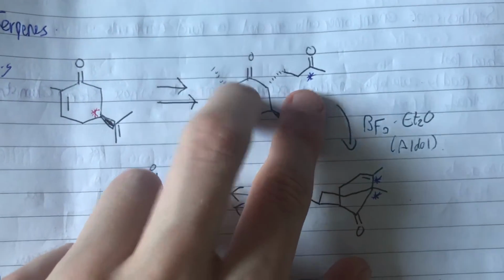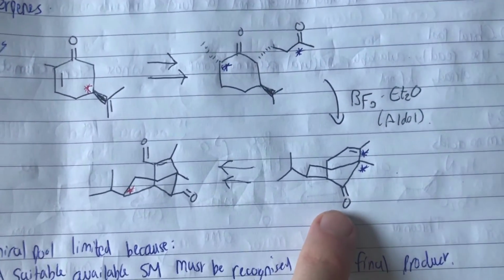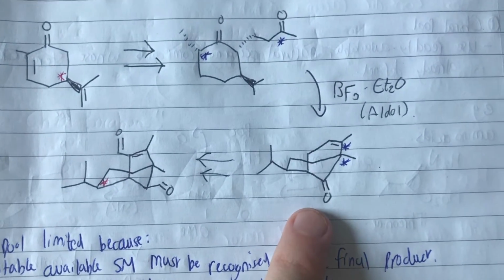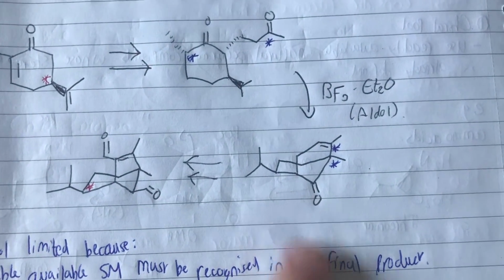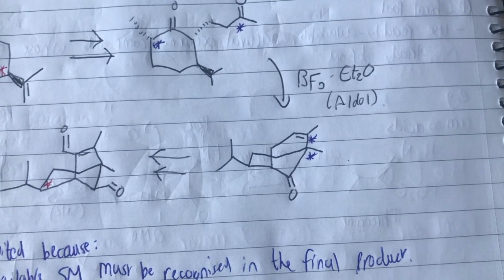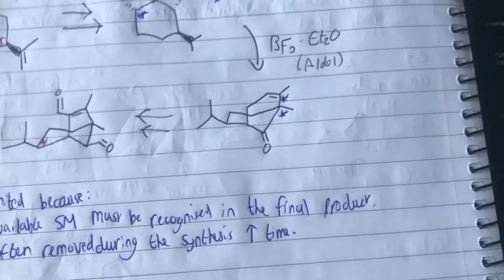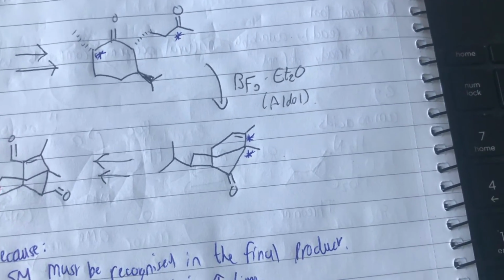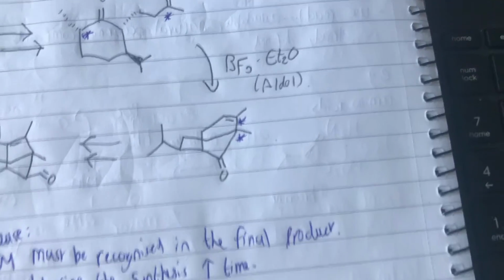In this case, once we do that, we draw a sort of chair conformation here, after reacting it with BF3·OEt2, or an aldol, any sort of aldol. We get this product, very hard to draw, or fairly hard to draw anyway.